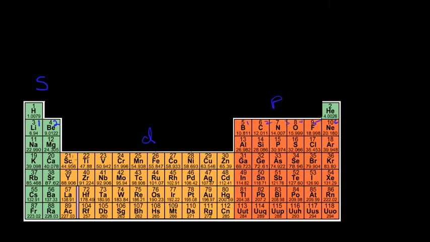And lo and behold, we have 1, 2, 3, 4, 5, 6, 7, 8, 9, and 10 columns, each of them representing an electron that can fill the d. And then down here, in the part of the periodic table that I cut off, those represent the f orbitals with 14. If you have a periodic table handy, you should have 14 going across at the bottom there.